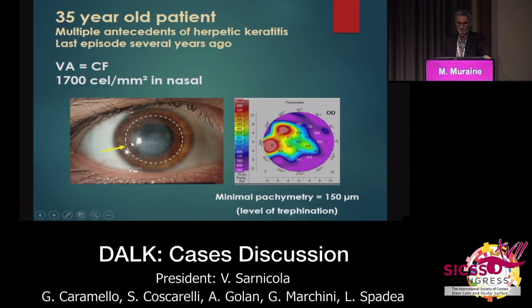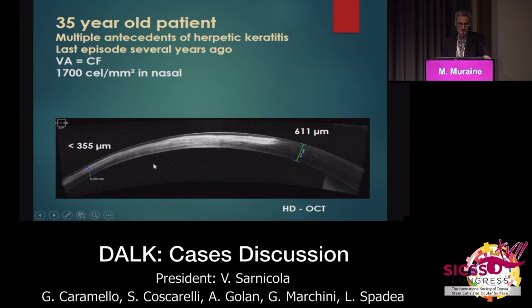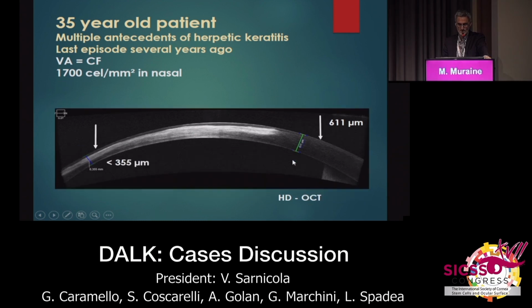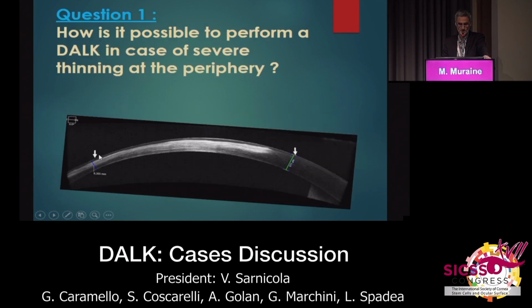So if you want to perform your DALK and to trephine first, you will perforate in this area. This is the OCT in another place. You see the thinning of the cornea in temporal, and you see the normal thickness in nasal, okay? So you see here the risk of perforation when you perform the first trephination during DALK.